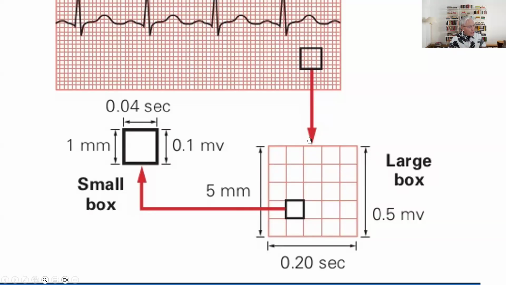So if you can see over here, we enlarge a box, a big box. Each big box is going to have 5 small boxes. One large box contains 5 small boxes. And each small box, if we enlarge this, is going to represent 1 millimeter going up and down, or horizontally, a time interpretation of 0.04 seconds.